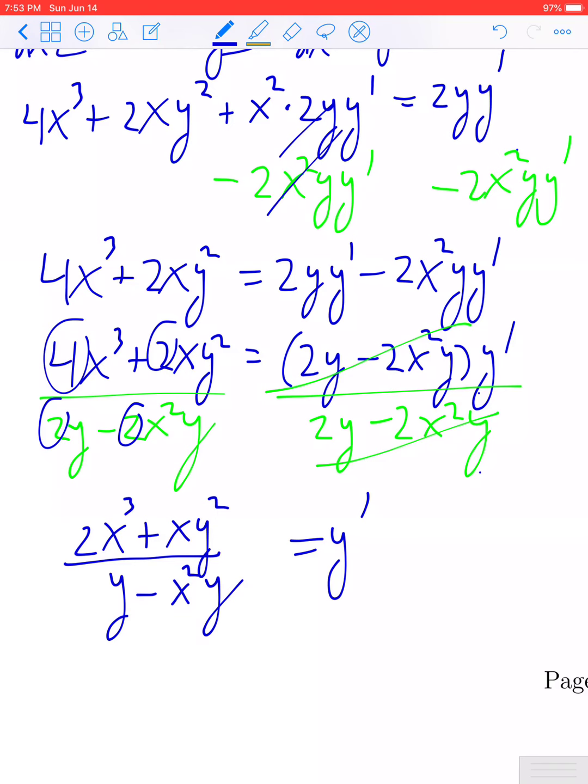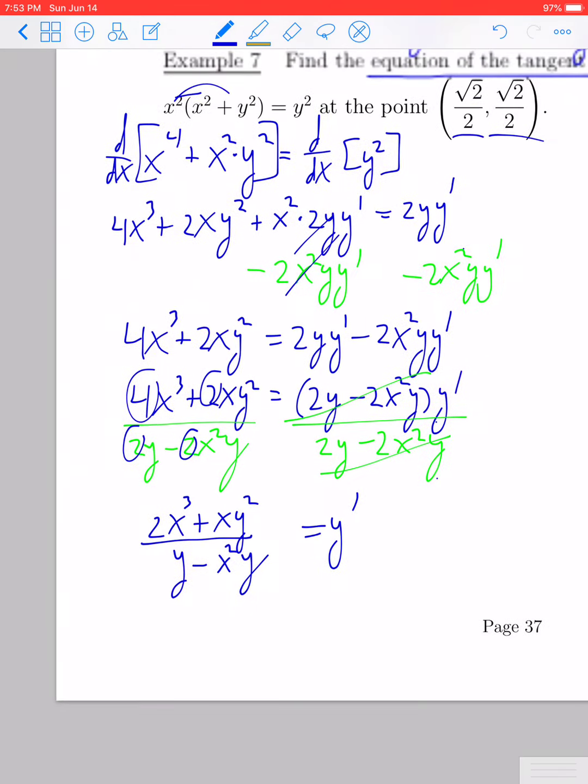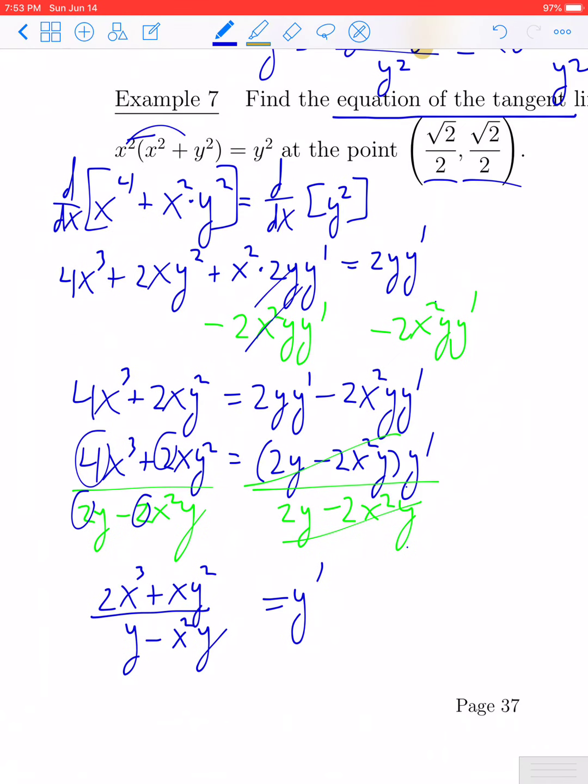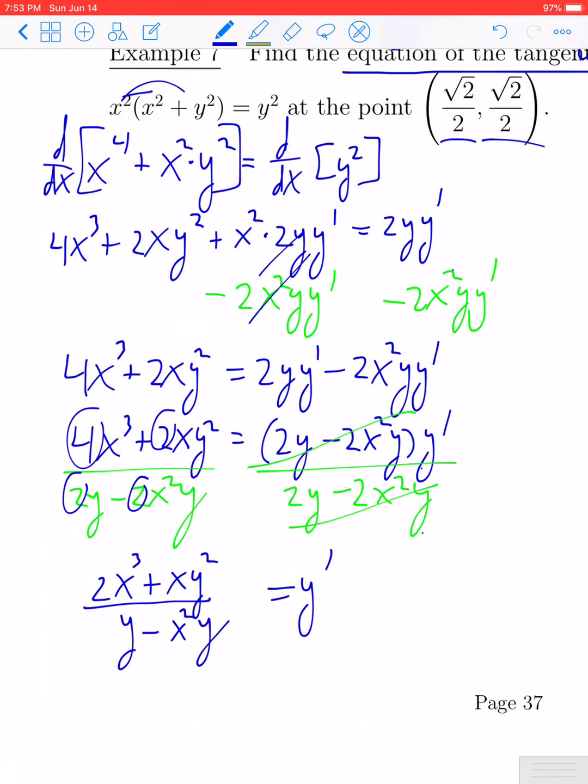So everything looks good. Let's now go ahead and find our slope by evaluating this at the point square root of 2 over 2, square root of 2 over 2.